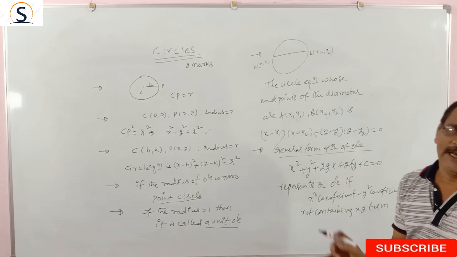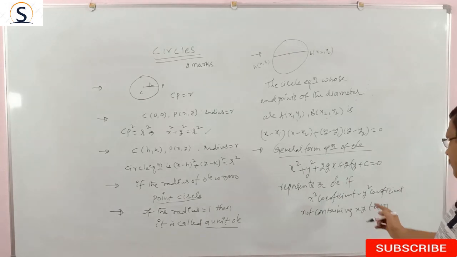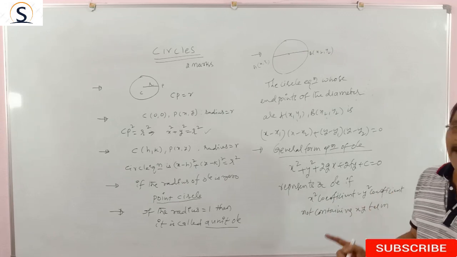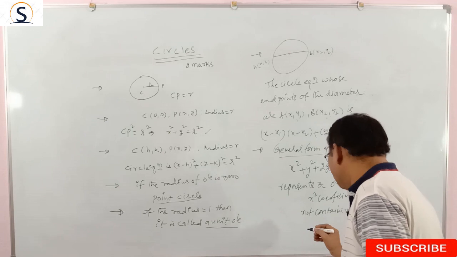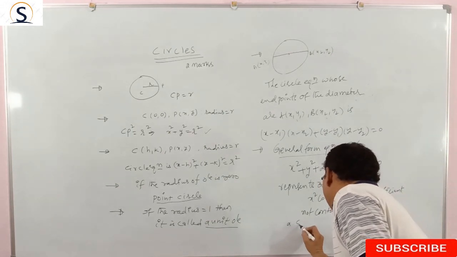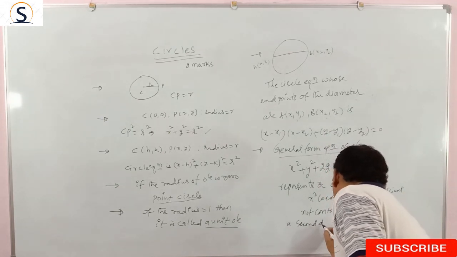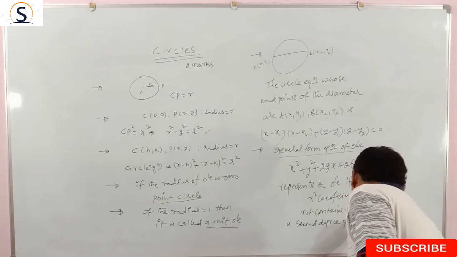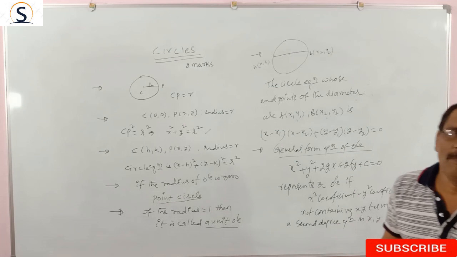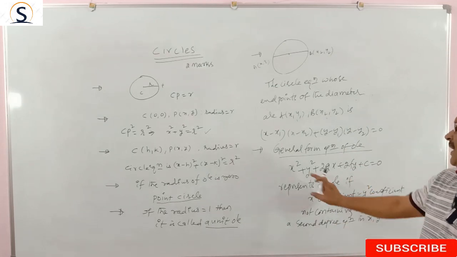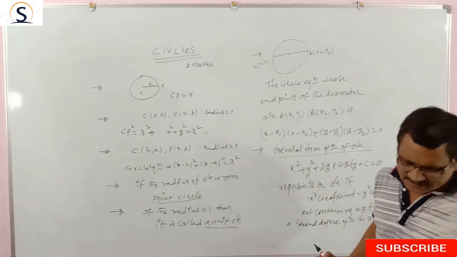So there is no xy term and the x square coefficient is equal to the y square coefficient. It is a second degree equation in x and y. So these are the properties of the equation to represent a circle.